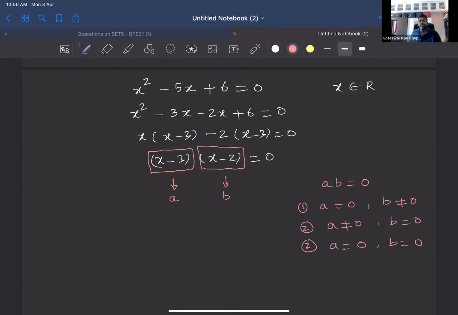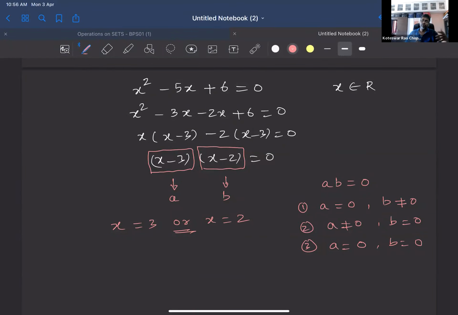That is why when x minus 3 multiplied by x minus 2 is 0, x is 3 or x is 2. Whenever you have an or situation, either 3 is the solution or 2 is the solution, both are solutions. That is why 2 and 3 become part of the solution set for this quadratic equation.